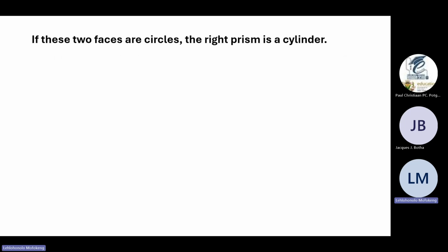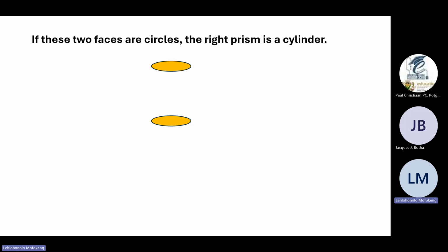Right. If these two faces are circles, the right prism is a cylinder. As I'm saying, we are just going to talk about the cylinder. Which two faces? Those faces that form the bases of the prism. If they are circles, then the prism is a cylinder.